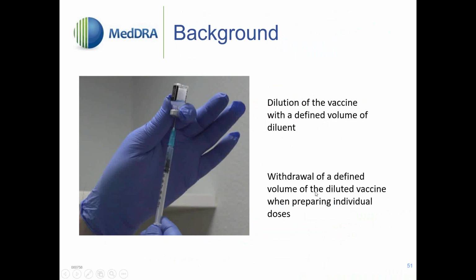Afterwards, a defined volume of the diluted vaccine has to be withdrawn from the multi-dose vial for the individual doses. That's the second step. But in our case, only half of the intended amount of diluent was used by the pharmacist for step one. And afterwards, the full defined volume of the diluted vaccine was administered to the patient.